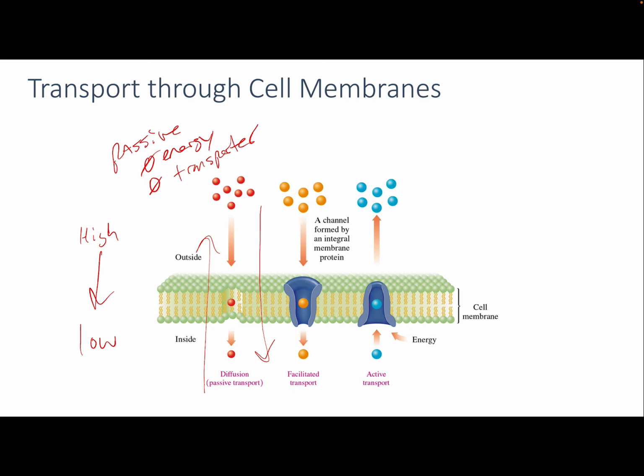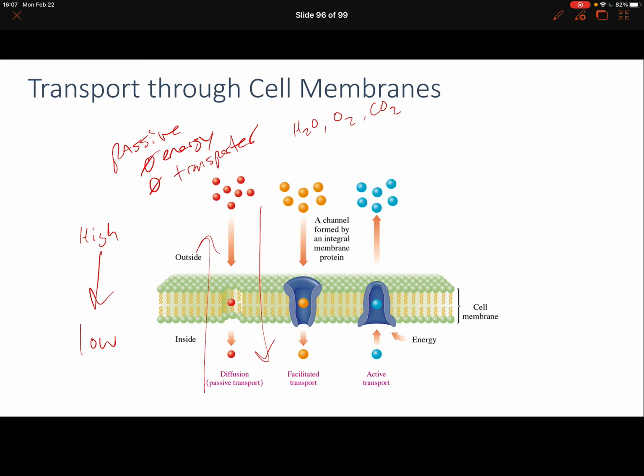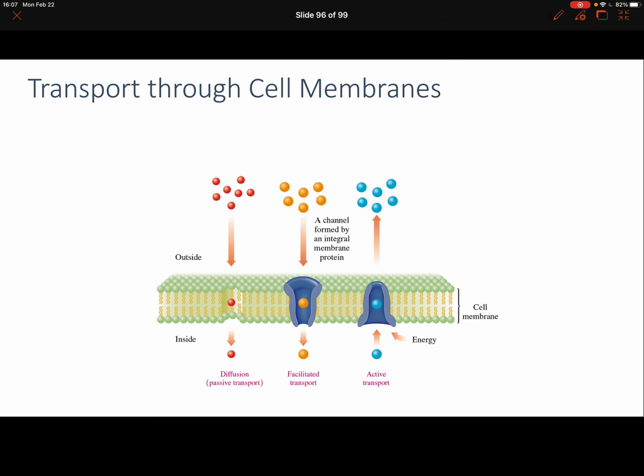Things like oxygen, carbon dioxide, water, all of these things can typically move between the bilayer. So then we have facilitated transport. So facilitated transport is going to be a situation where we have to have some kind of protein channel or membrane protein or something that's going to act as the gateway.